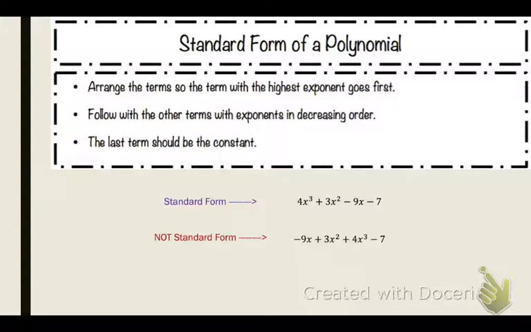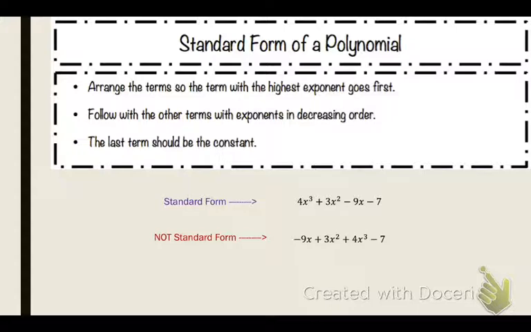So let's look at this first one real quick. It's 4x cubed plus 3x squared minus 9x minus 7. If you look at those variables, they go from 3 to 2 to 1, because x raised to no power is just, you can assume it's 1. And then no x at all. So those go in descending order from greatest to least, and it ends with a constant. Okay.